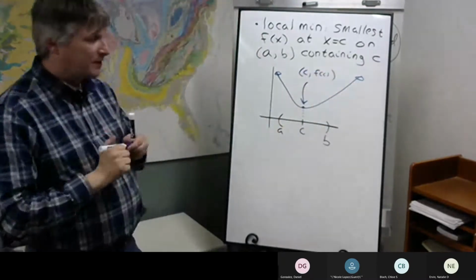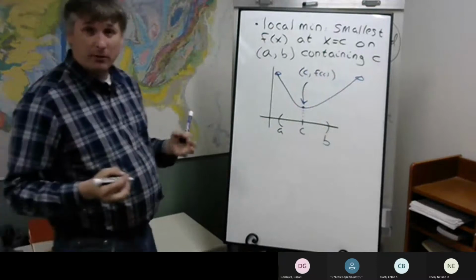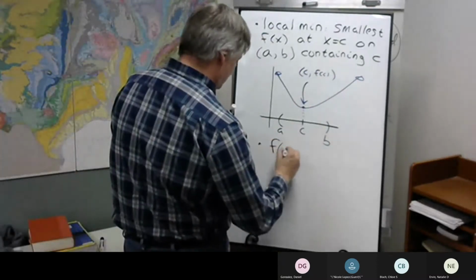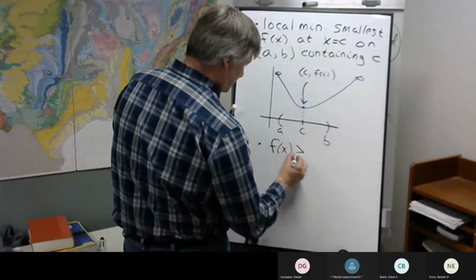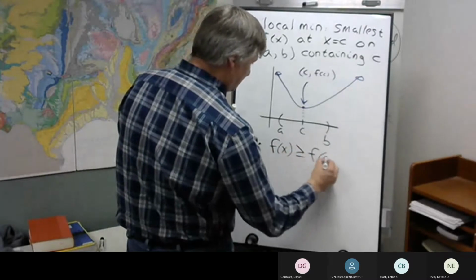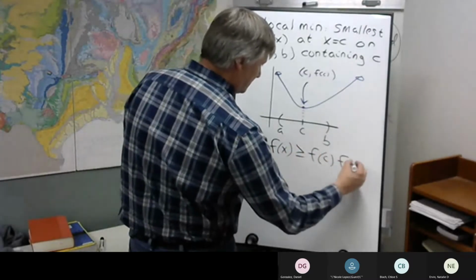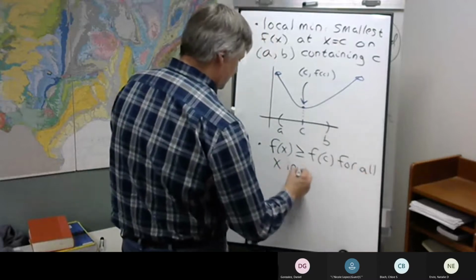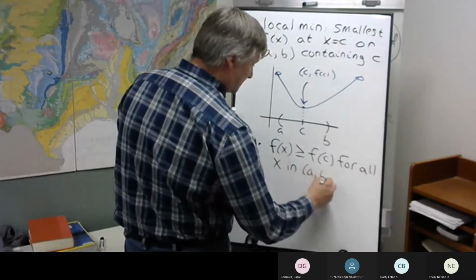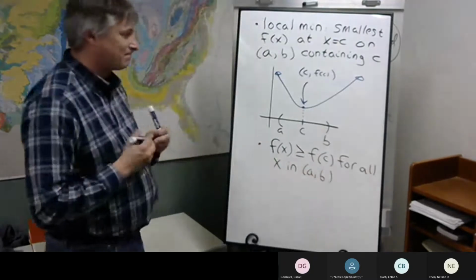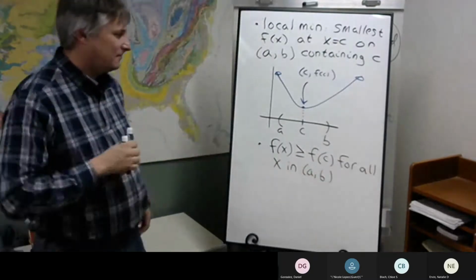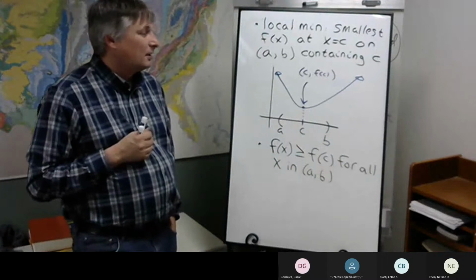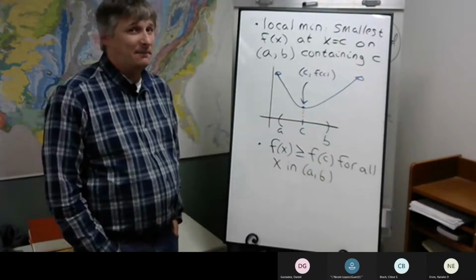So this would be our local minimum. Or another way of putting it, f of x is greater than or equal to f of c for all x in this open interval AB. So questions about that?